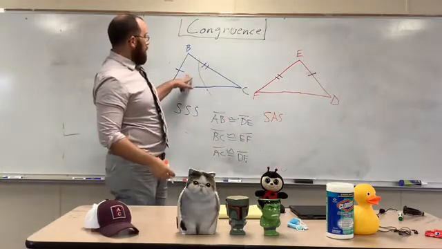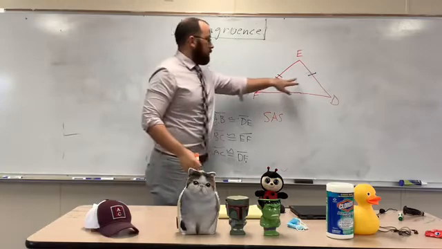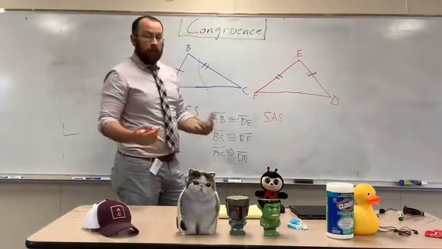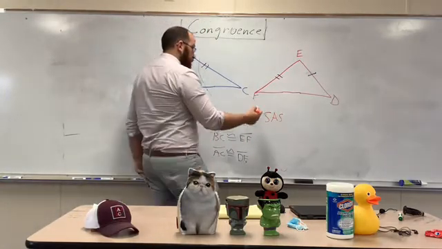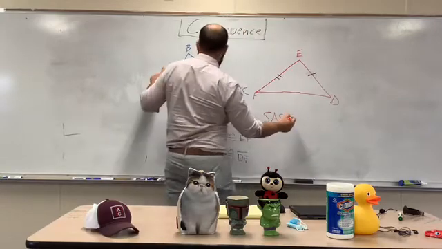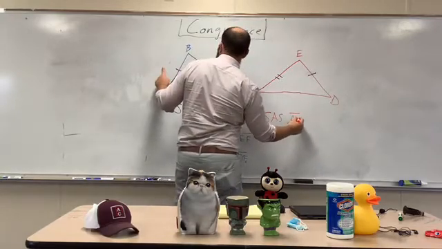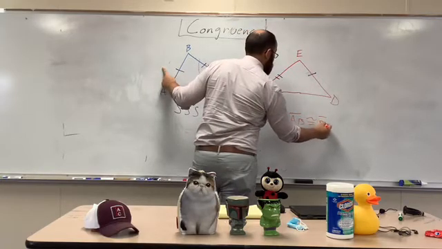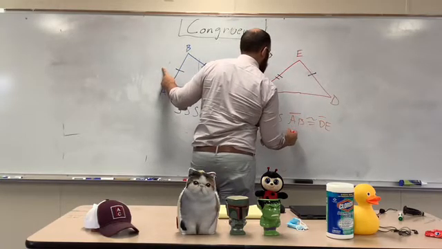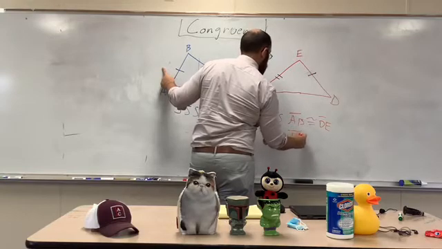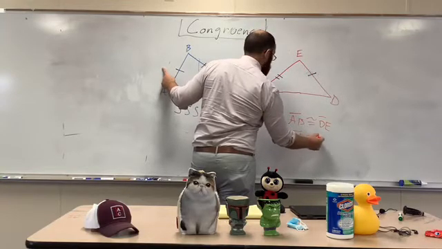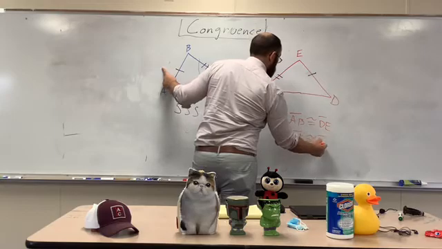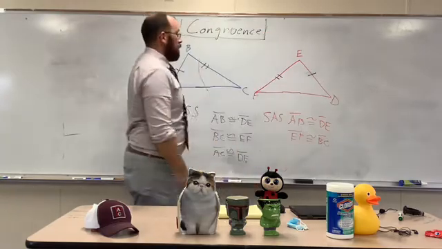So now I have 2 sides that are congruent. So let me write that out real quick for you. So line segment AB is congruent to line segment DE, and then line segment EF is congruent to line segment BC. All right?